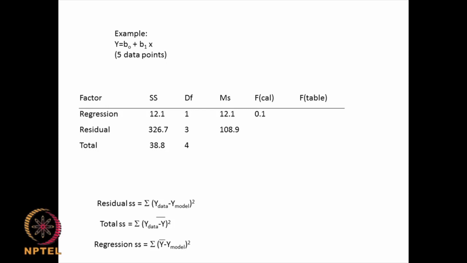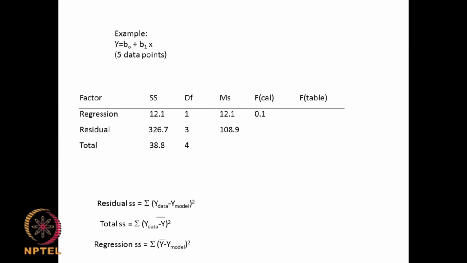The total sum of squares, as I said, is the sum of y i minus y bar, squared. Residual sum of squares is y data minus y model, squared. From these differences we can calculate the regression sum of squares.